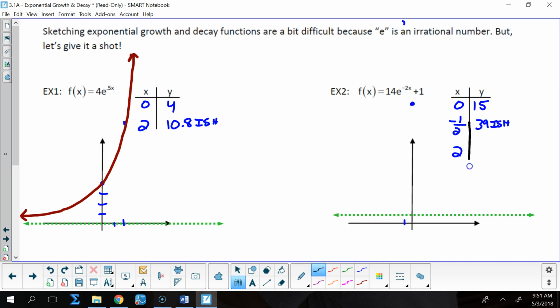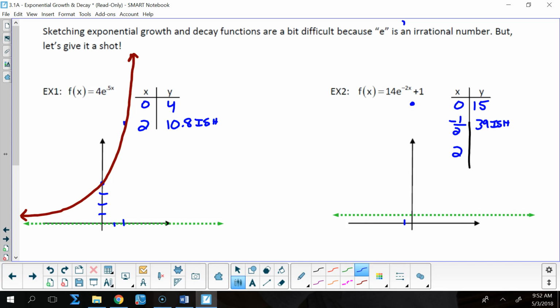If I put positive 2 in there, I get negative 2 times 2 is negative 4. E to the negative 4 power, usually e is the inverse or the second or shift of the natural log key, is 0.0183.